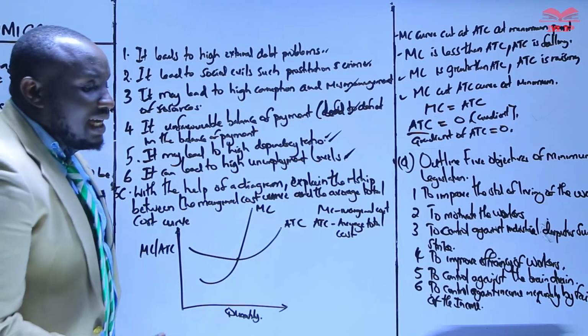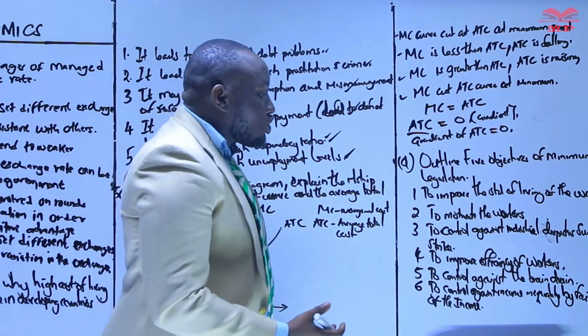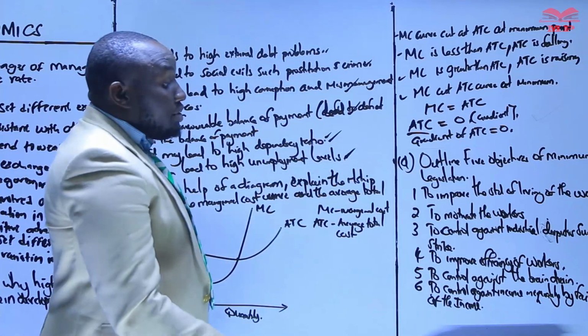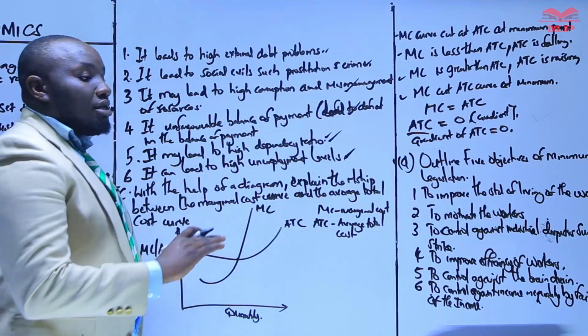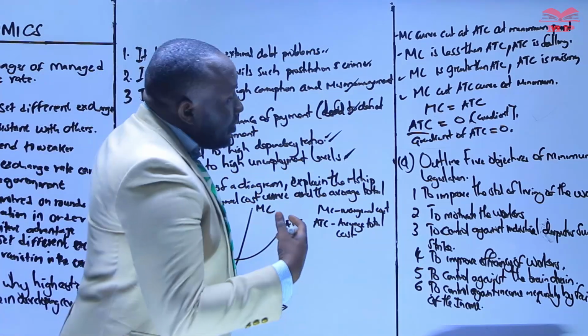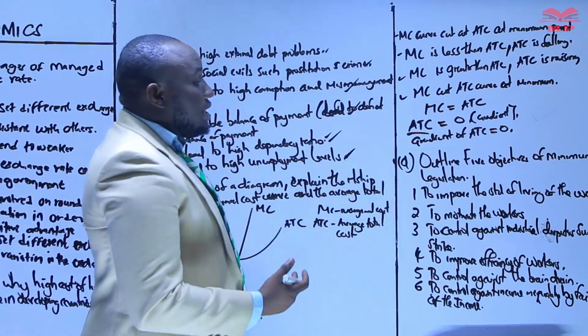When workers earn at least a wage that is above the market rate, you're able to control against income inequality, where some people have much income and workers at a lower level earn lower wages. So minimum wage legislation will control against income inequality in an economy.